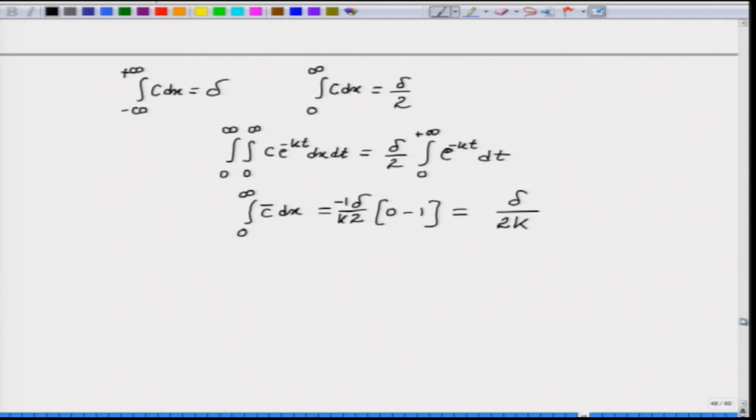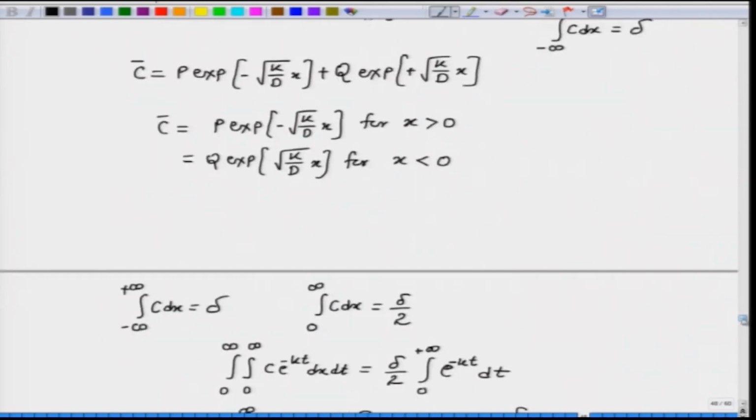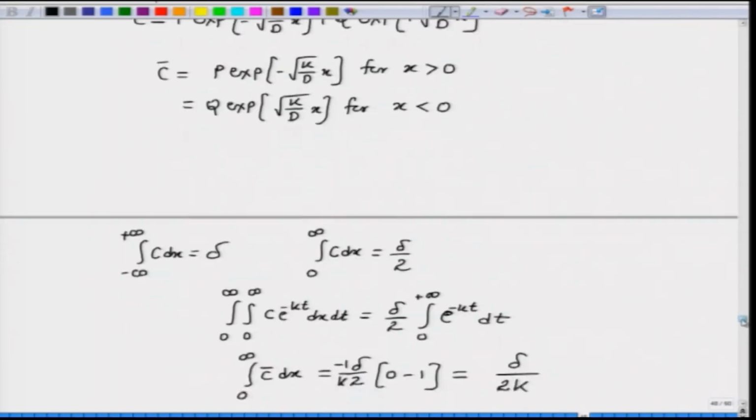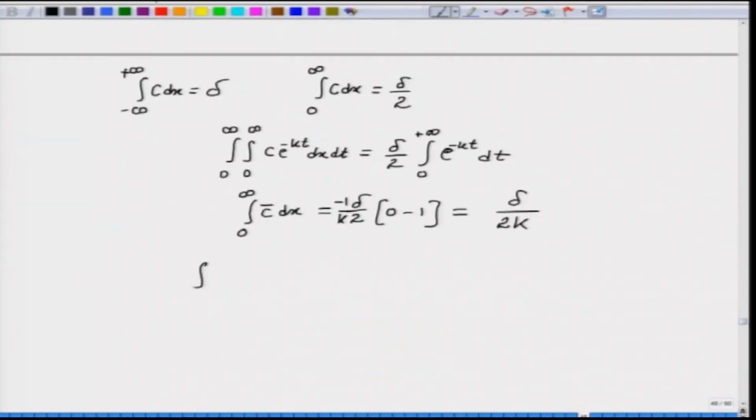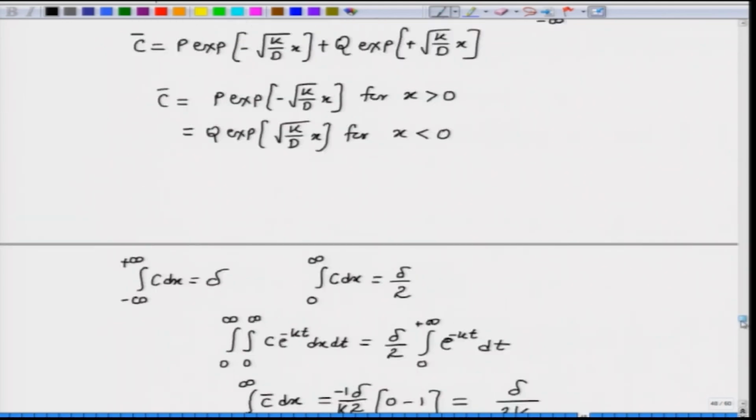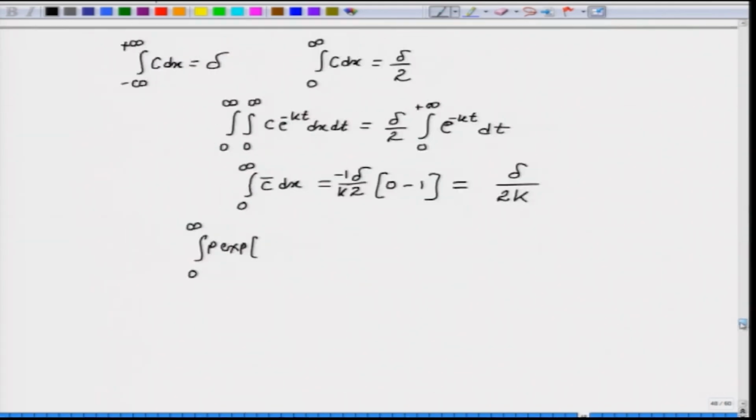And if we substitute integral 0 to infinity, which is positive value of x, we use the first part. So, integral 0 to infinity p exponential minus root k by d x is equal to delta over 2k.